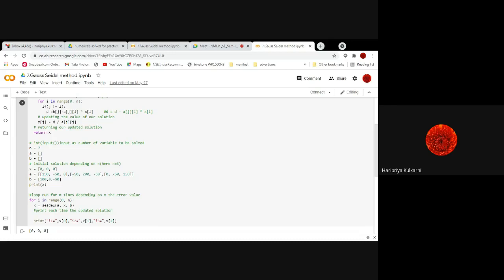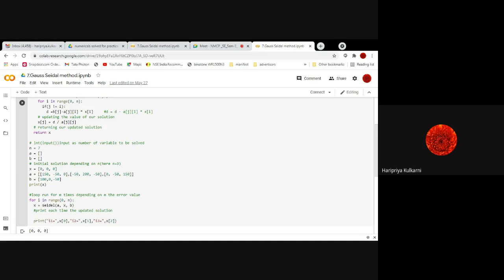Okay. So the A and B matrices I am just defining here. X equal to 0, 0, 0. It is a matrix with one row, three columns, wherein I am going to store I1, I2, I3. Now A I am defining as 150, minus 50, 0, which are the coefficients of equation number 1, comma, coefficients of equation number 2, and comma, coefficients of equation number 3.